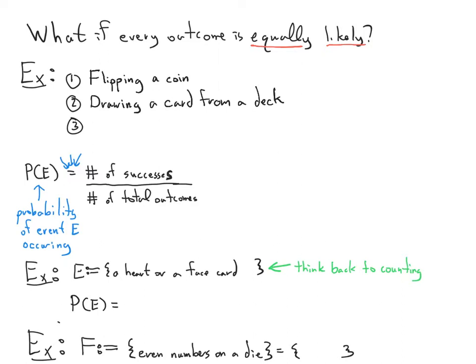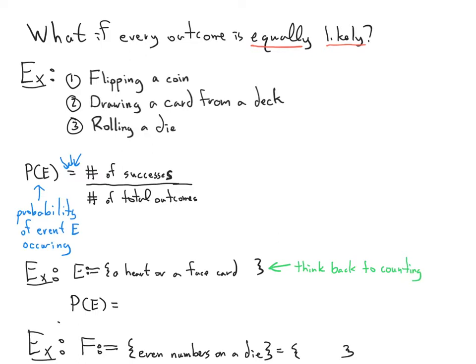And each card, as long as it's shuffled and you're just picking one at random, is equally likely to be picked. Or another one is, of course, rolling a die. Each number is equally likely to occur when you roll a die. A 1, a 2, a 3, a 4, a 5, or a 6.